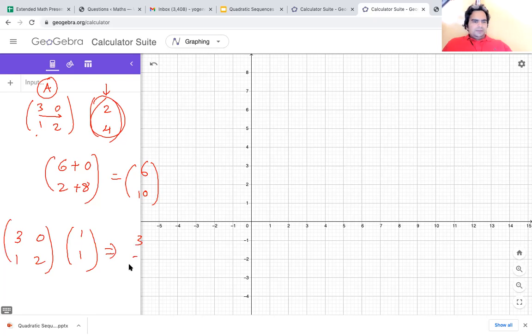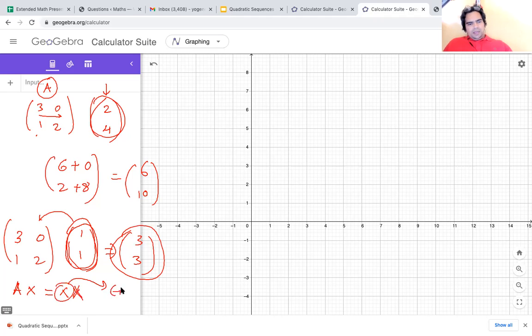So the answer is [3, 3]. What you notice is that the vector I multiplied and the answer I'm getting are exact multiples. So when you multiply A with a particular vector x and you get a scalar multiple of the same vector, that multiple is referred to as an eigenvalue, and the vector that you multiplied is referred to as the eigenvector.